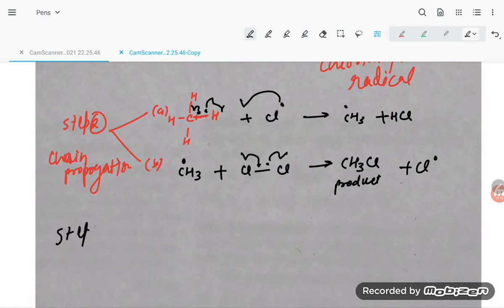The last step, number 3, is known as chain termination.